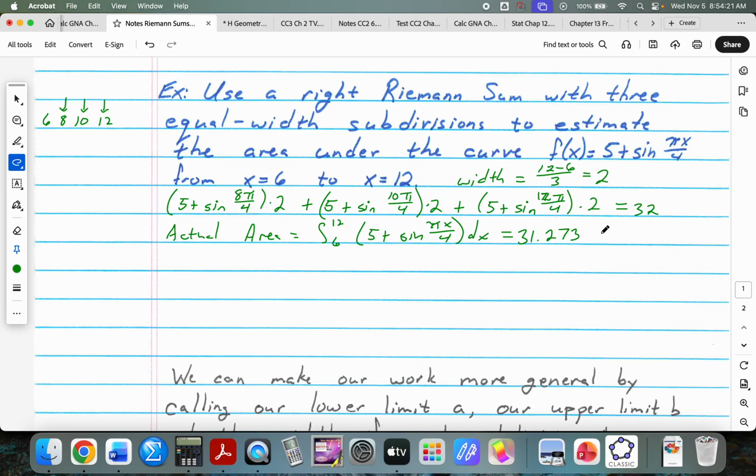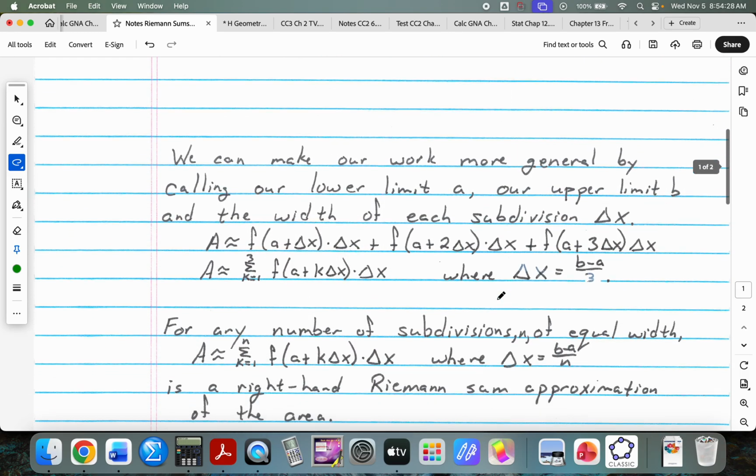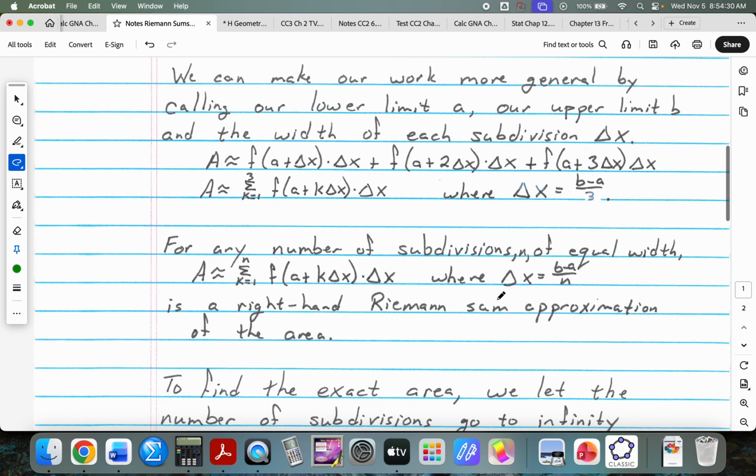That's not particularly good. Now, we can make our work more general by calling the lower limit A, our upper limit B, and the width of each subdivision delta x. So in this case, the area is approximated by f of a plus delta x, right?